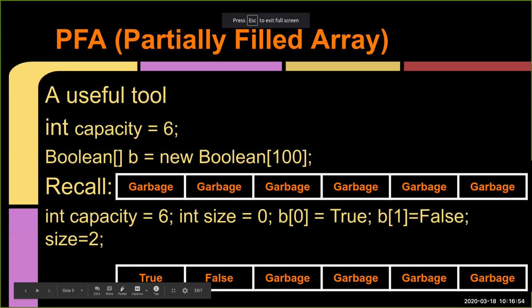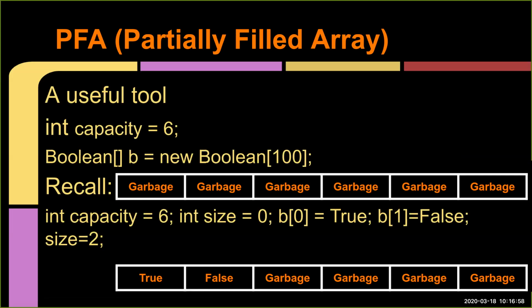Do you recall what a Boolean type is? What does it hold? A true or false value, like a 0 or a 1. Yeah. They're very, very useful.